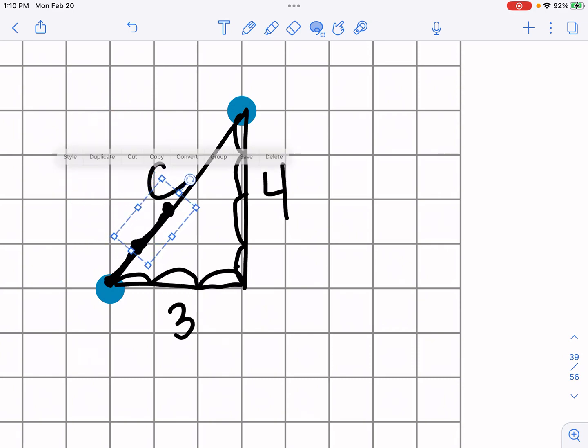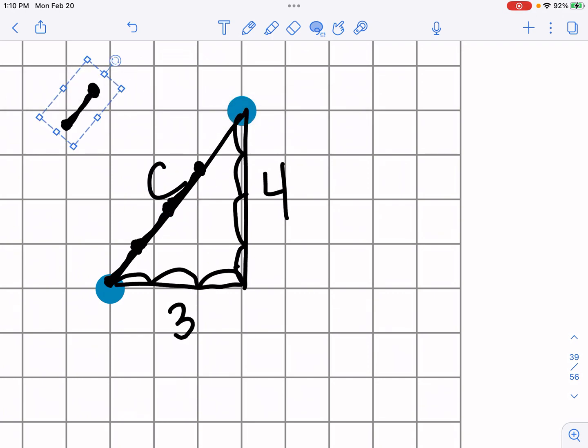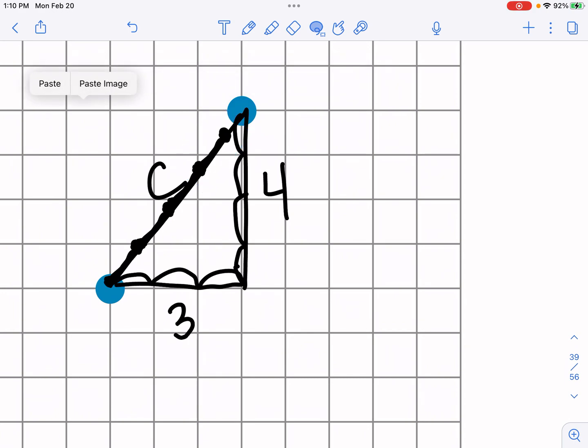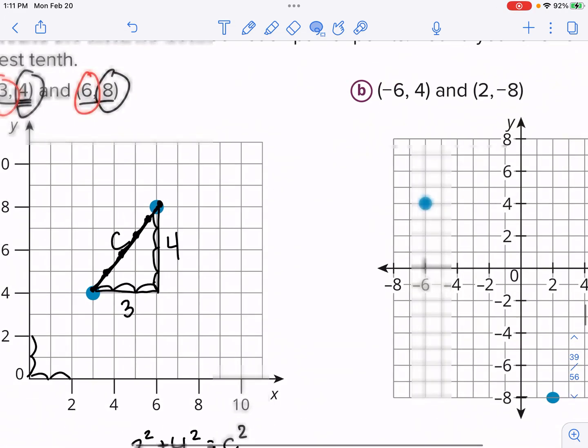I should really change the color here. That's 3, 4. Maybe I didn't quite line it up right, but it should be about like 5 units there. All right, so 5 units is our answer for the hypotenuse.